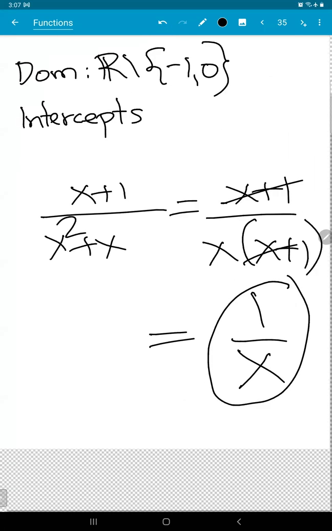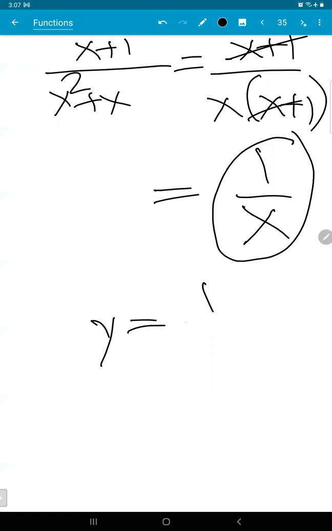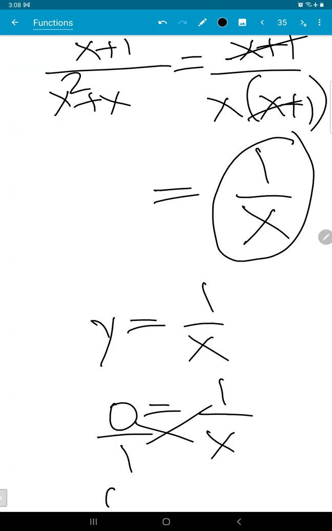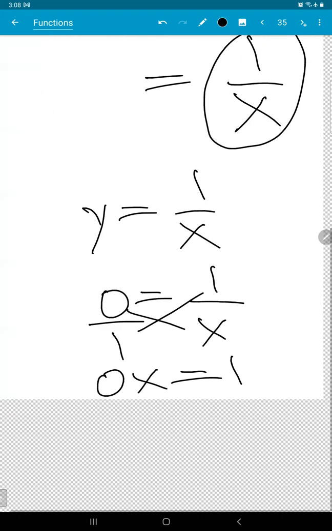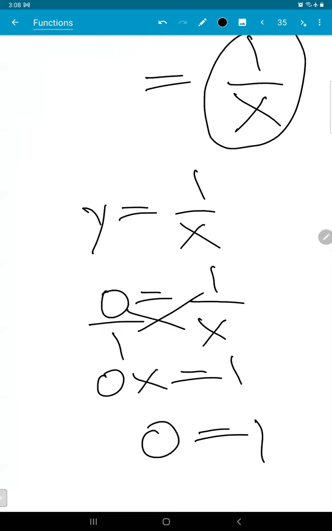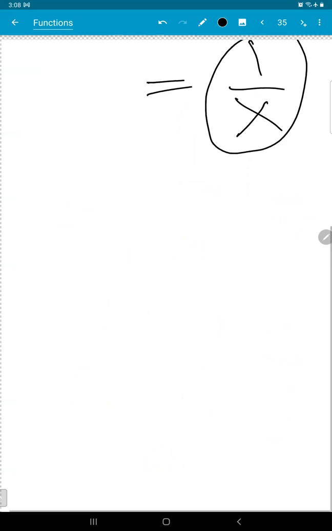If you look at 1 over x, wala siyang x-intercept. Bakit? To get the x-intercept, you set y to 0. And if you cross multiply, 0x equals 1, 0 equals 1. That's impossible. So it has no x-intercept.